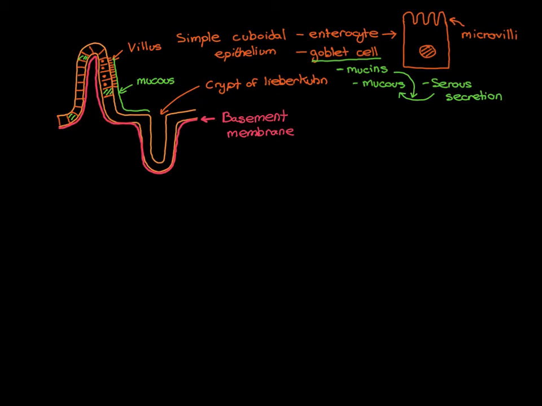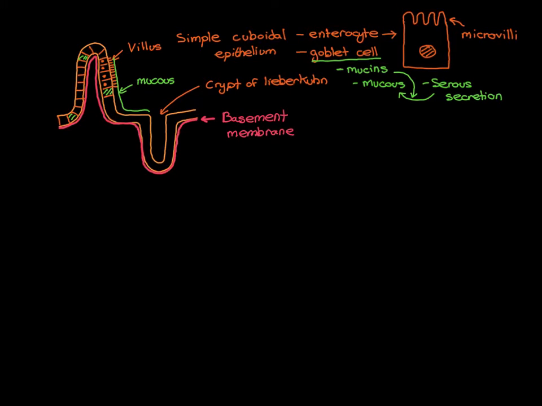Okay, so we have seen these two major cells that are part of the simple cuboidal epithelium then, the enterocytes and the goblet cells. Let me now talk about the intestinal stem cells, because this is an interesting little story to add in here. So, these epithelial cells, these simple cuboidal epithelial cells, both the enterocytes and the goblet cells, they do not have a very long life, I'm afraid.